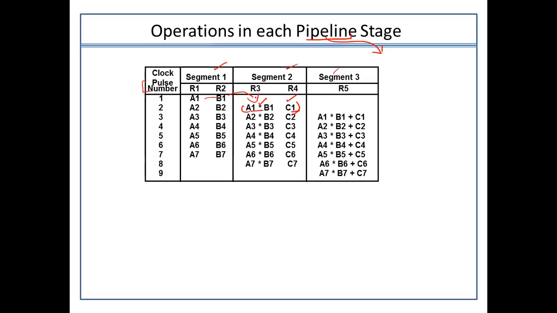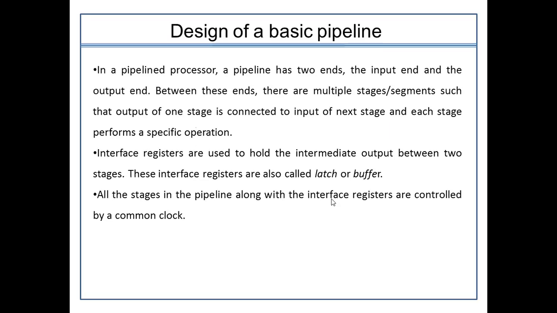As soon as this has been placed here, in the next clock pulse, A2 and B2 will be loaded, because we have to perform this operation till i equals 7. So in total, in 9 clock pulses, we will be able to compute the entire arithmetic operation for i equals 1 to i equals 7. So this is the point.